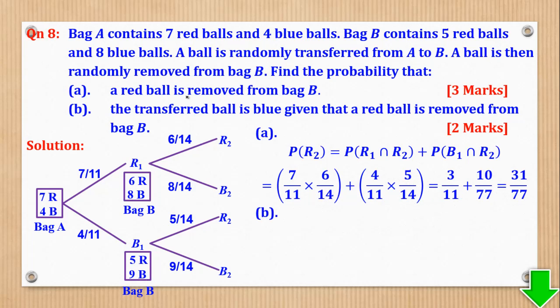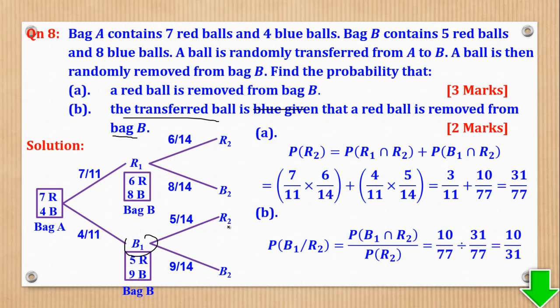What about part B? Part B says the transferred ball is blue given that a red ball is removed from the second bag, from bag B. So that is B1 given R2. Expanding this gives the intersection in the numerator, and the denominator is what comes after the slash.